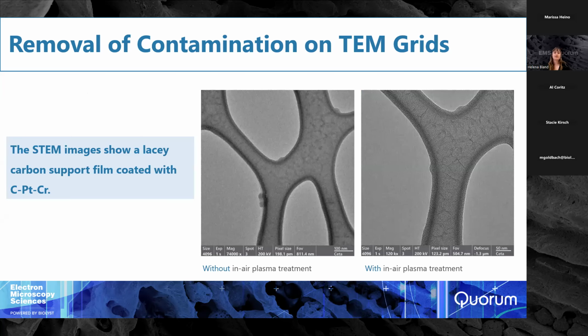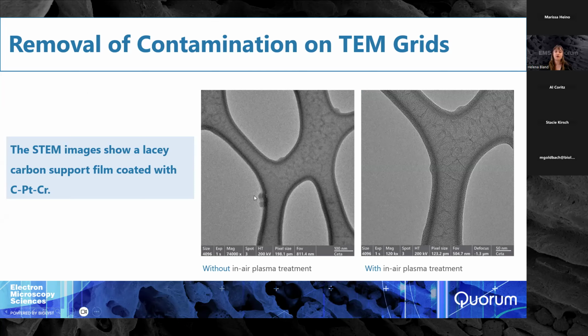This is a really nice example of the removal of contamination on TEM grids. This is actually a STEM image, but it shows a lacy carbon support film that's been coated with carbon, platinum, and chromium. You can see there's a very small amount of hydrocarbon contamination on this particular film because it's one that was plasma cleaned and then allowed to become contaminated again just by sitting in air and the hydrocarbons building up on the surface.